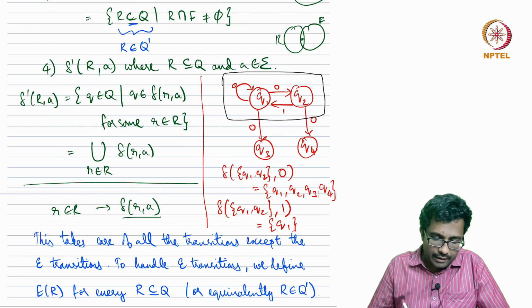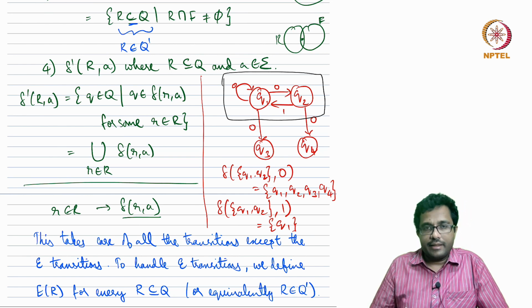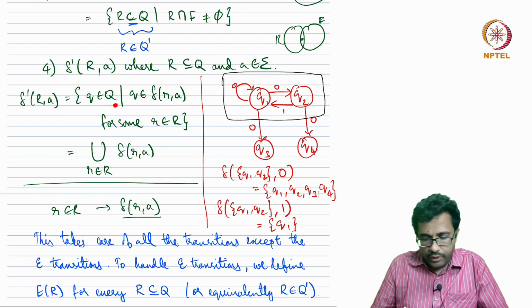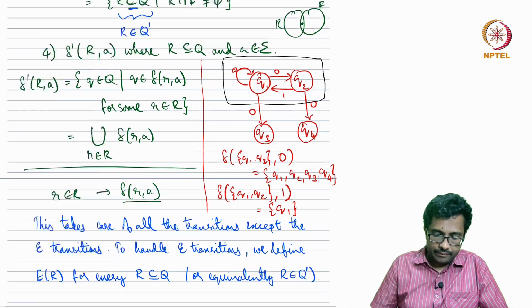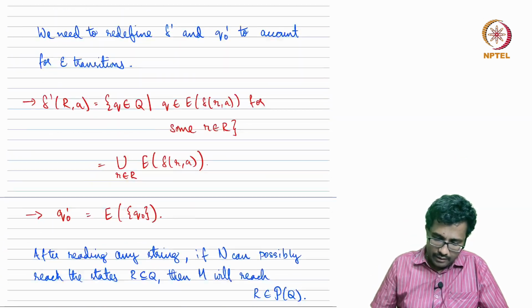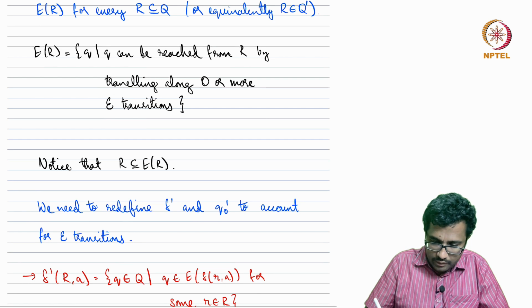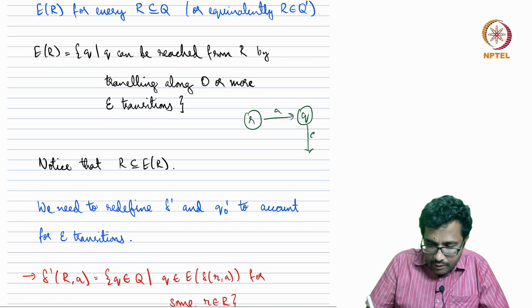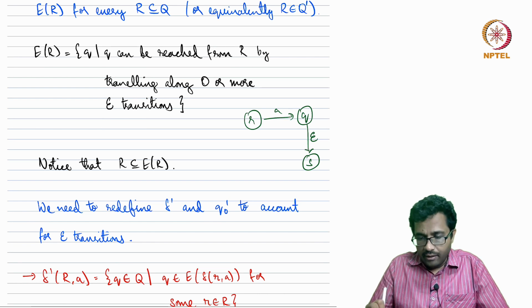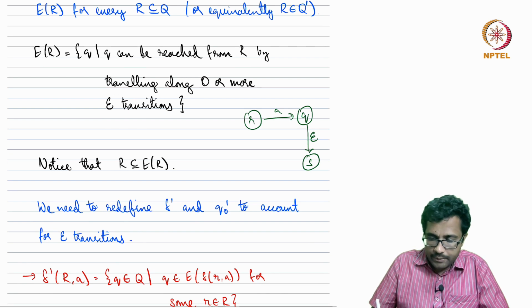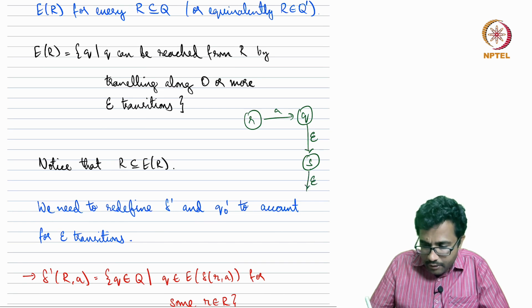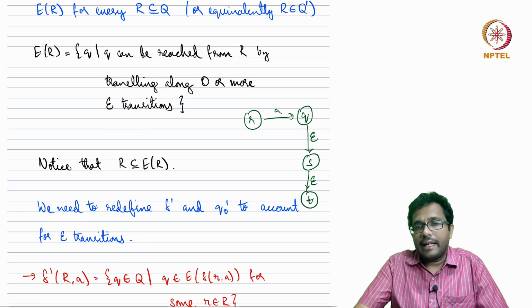Here we said that we go to all the states Q which can be reached from any small r in capital R upon seeing a symbol A. But suppose you reach a certain Q. So from r you see an A, and you reach a Q. Now suppose there is an epsilon transition from Q to S. Now you can reach S also, because from r you see an A, then you go to Q, then you take the epsilon transition and reach S. And suppose there is another epsilon transition from S to T, then we have to include that as well.